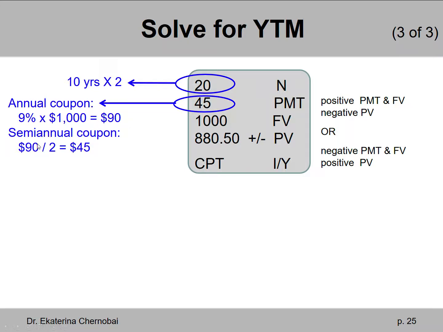And then to make it semi-annual, we divide $90 by 2 and get 45. So that's our PMT. Then, as always, the future value is $1,000, and this time we are given the present value, which is $880.50. And we are gonna have to compute the IY, the yield to maturity, in this problem.